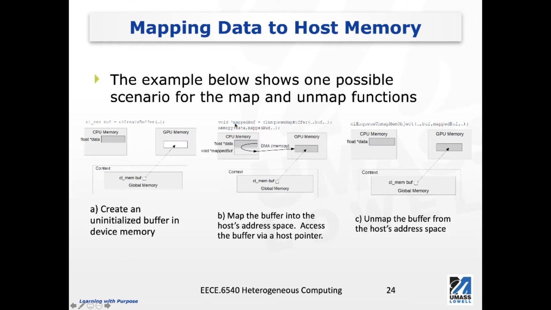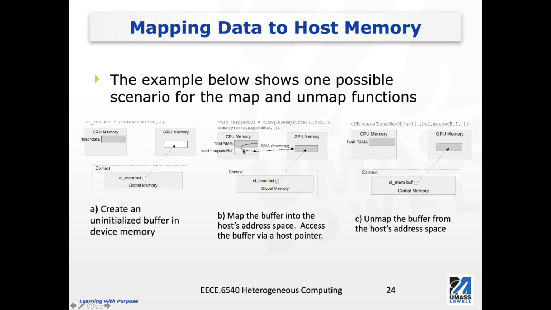Note that this mapped buffer is just a memory pointer on the host side, as if you do a malloc on the host side, and that returns a valid pointer. So this pointer can then be used in a similar way as a pointer created using malloc.